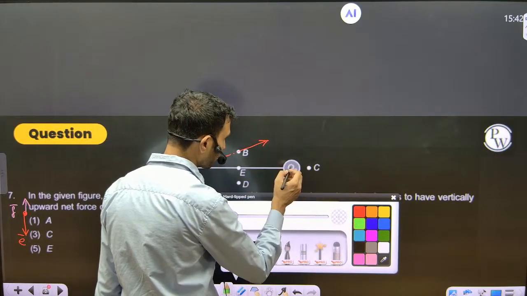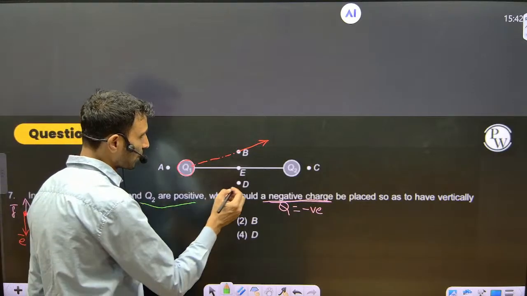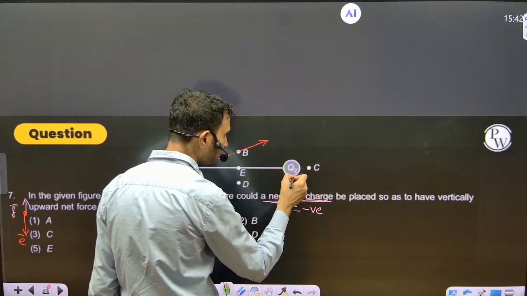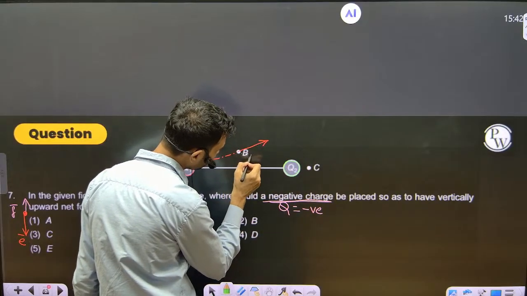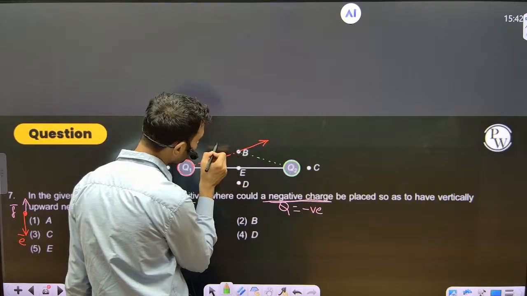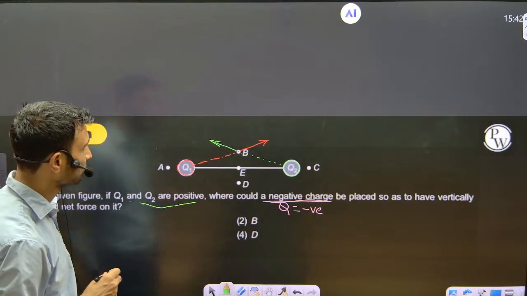And both are positive charges, right? Both are positive. And due to Q2, the electric field will be in this direction, right?